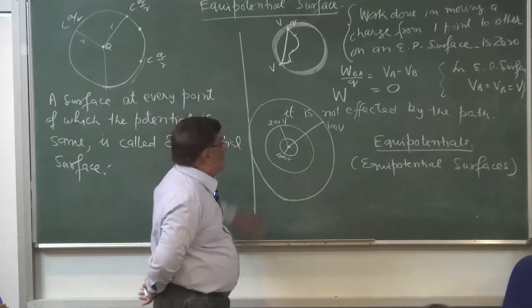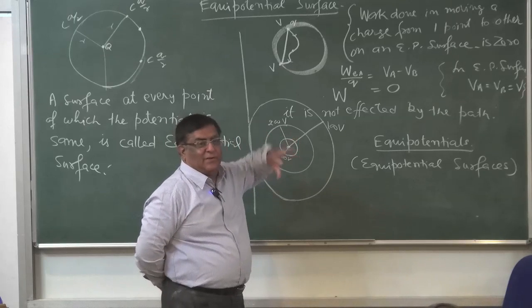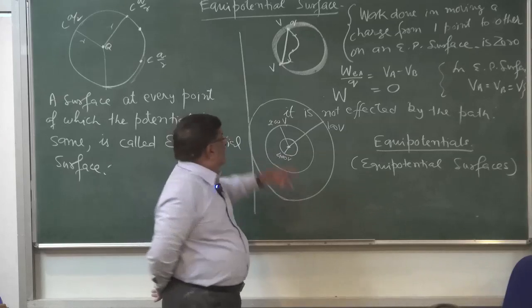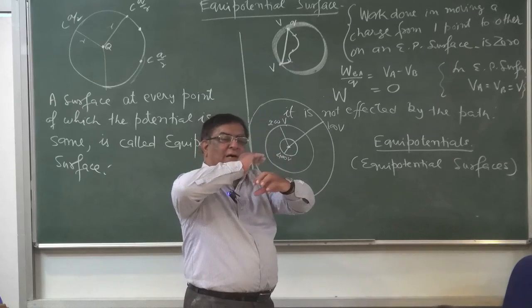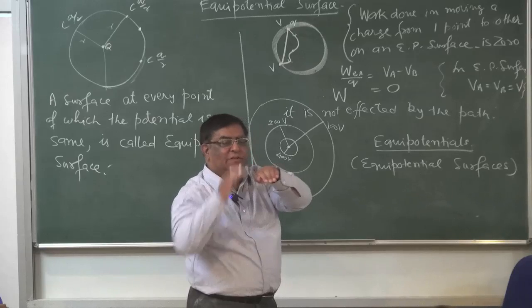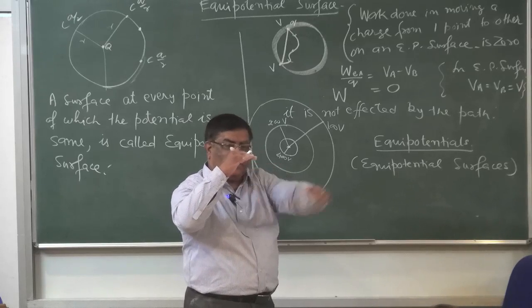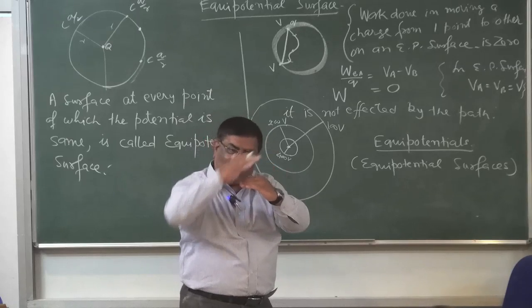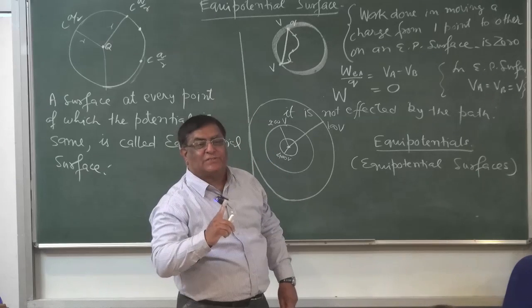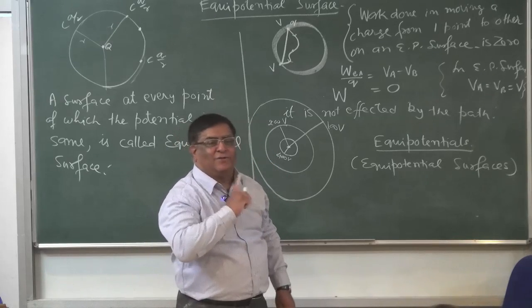Just imagine how they look. This is a sphere, the other one is again a sphere, these two will be parallel to each other, this is again parallel to each other, that is again parallel to each other. So equipotentials are always parallel to each other.